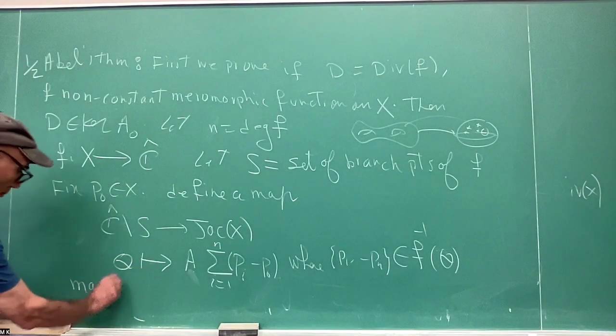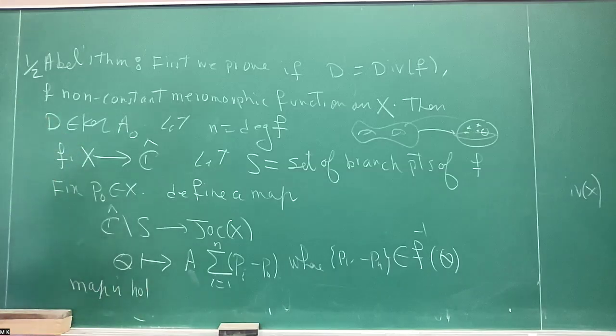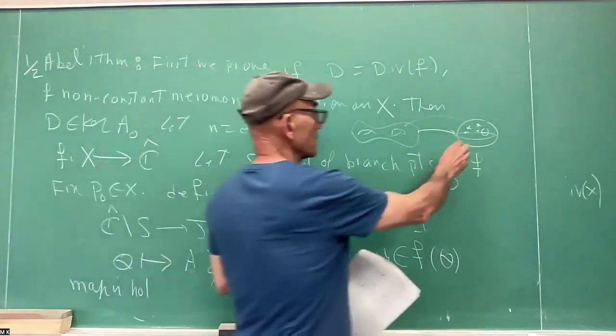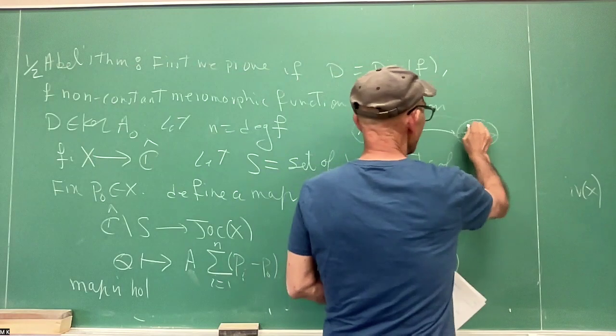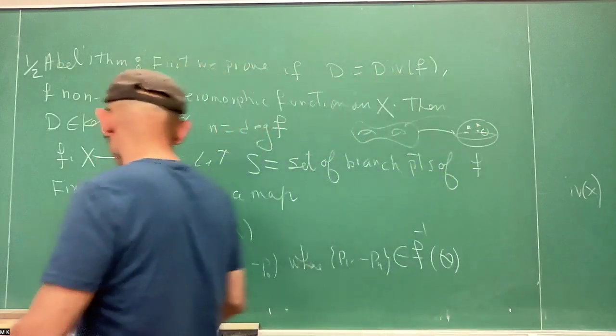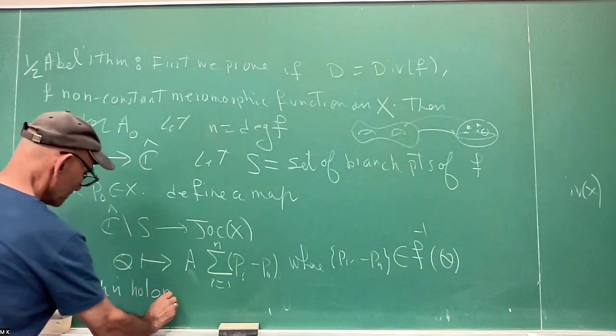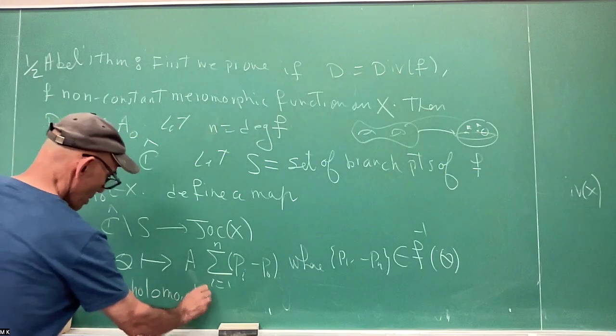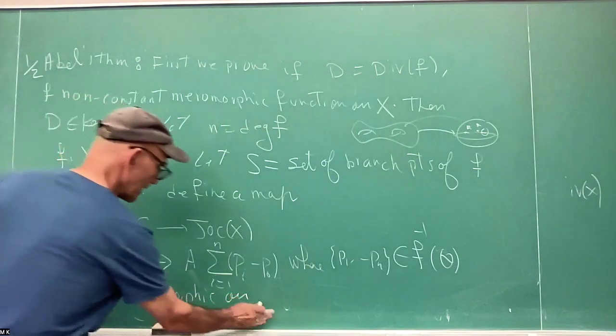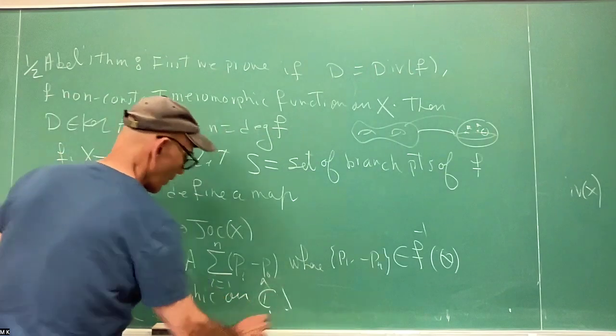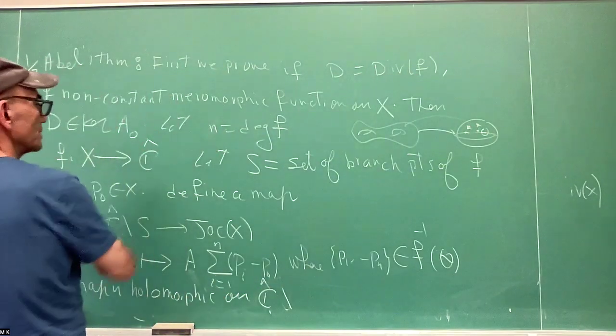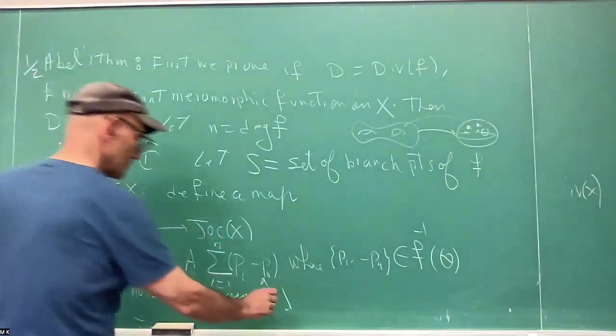The point I choose is Q. So we have defined a map for any point away from the branch points. The map is holomorphic on C hat take away the branch points, which I denoted by S.